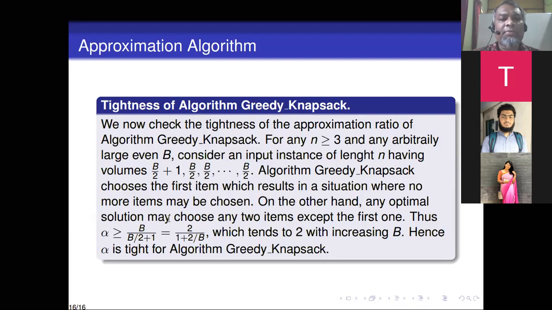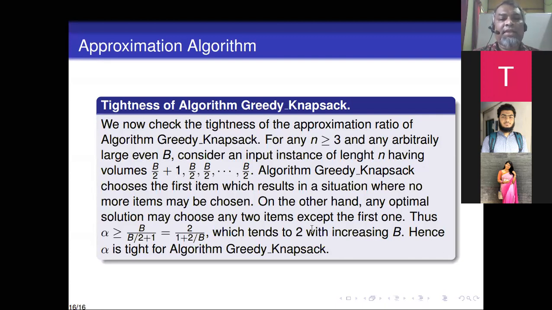But if we consider the optimal solution, any other optimal algorithm will skip the first item, and take any two of the items. So the optimal solution will be b, but our greedy knapsack solution will be b by 2 plus 1.